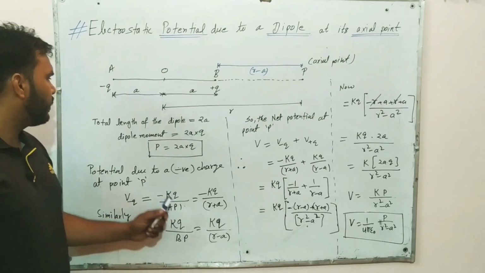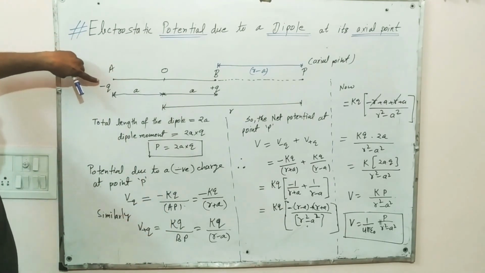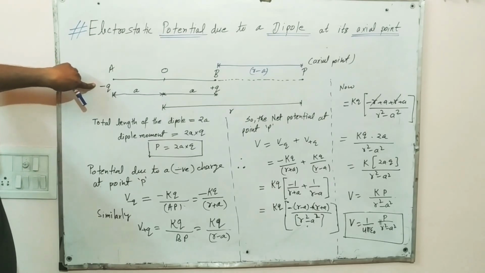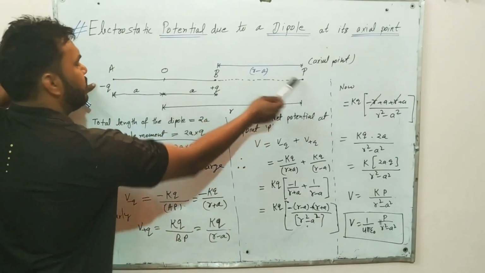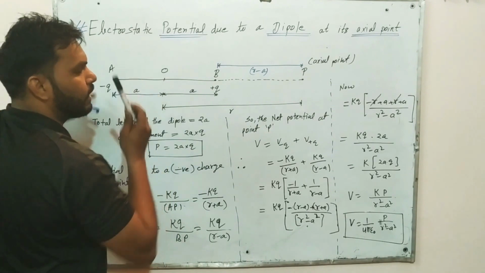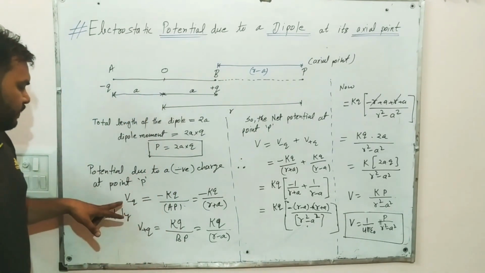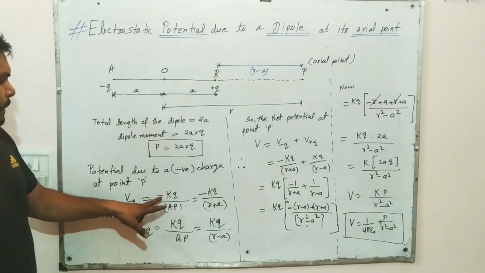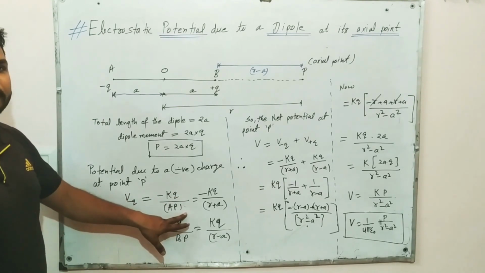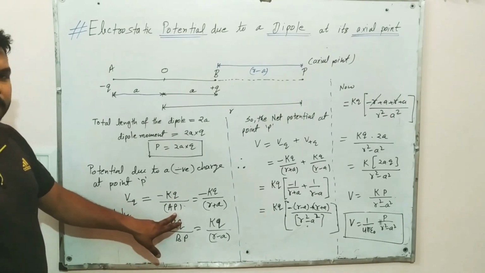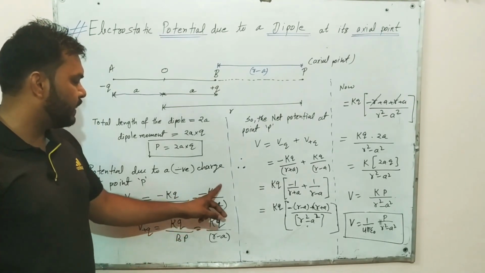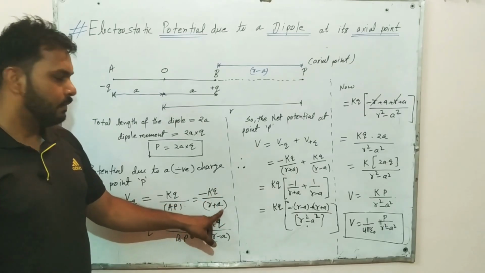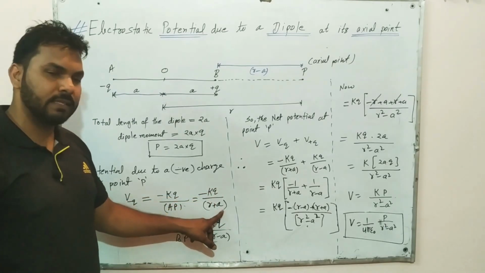Why am I taking AP? Because the distance from the minus q charge to point P is AP, which is a plus r. So V negative comes out to be minus kq upon AP. Putting the value of AP, it becomes minus kq upon r plus a.